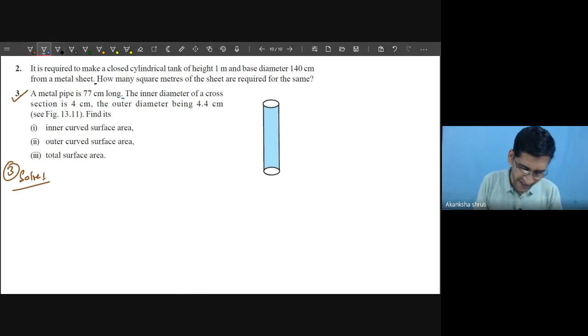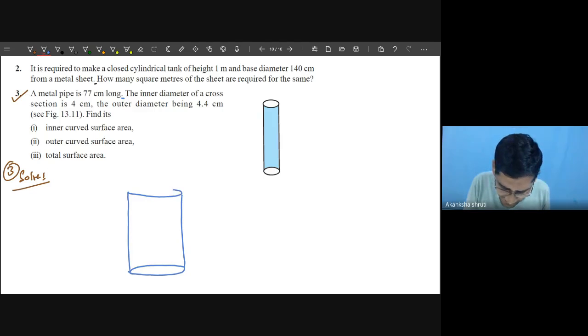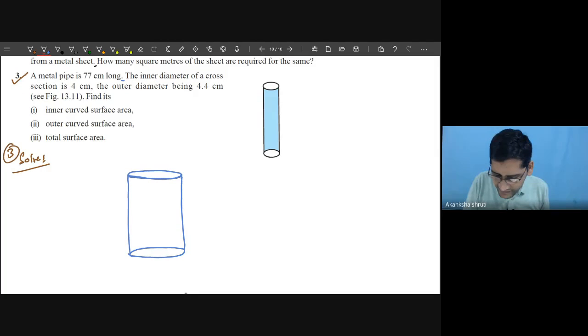So it is given here. This is a pipe. It has some inner diameter and the other one, the outer one, also has thickness.